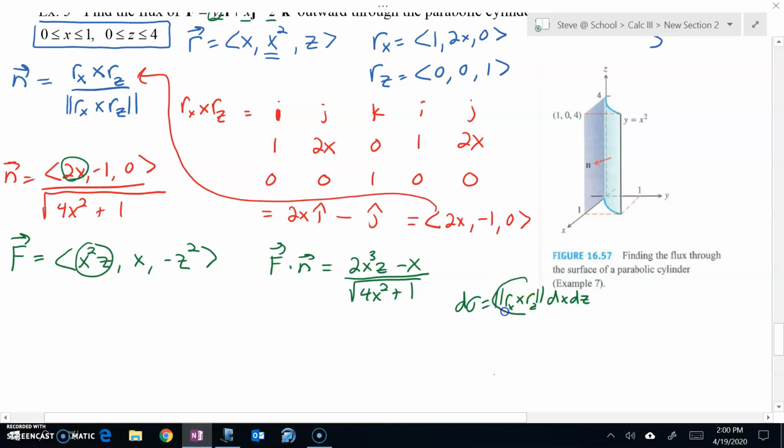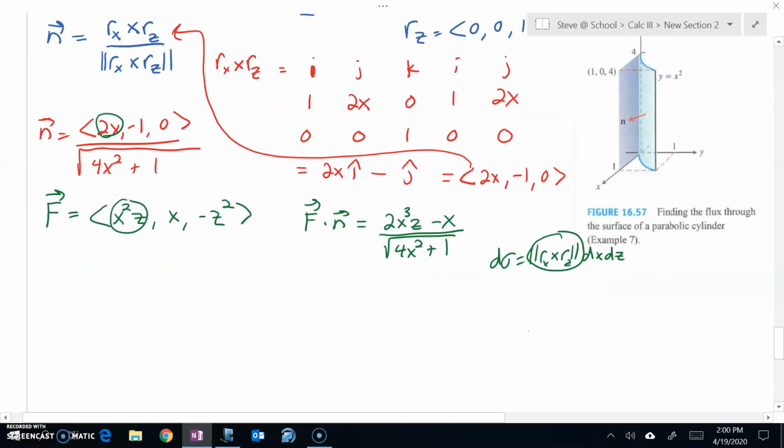Well, we already know what this is, so we can write out our final flux integral and say that flux is equal to the integral of 0 to 1 for x, 0 to 4 for z. We have f dot n here, so that's 2x cubed z minus x all over the magnitude of that.